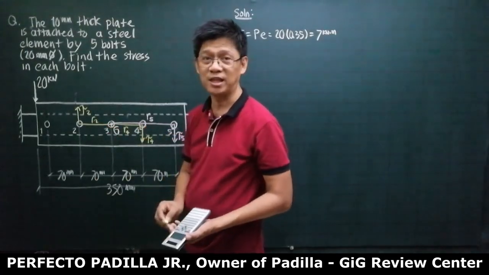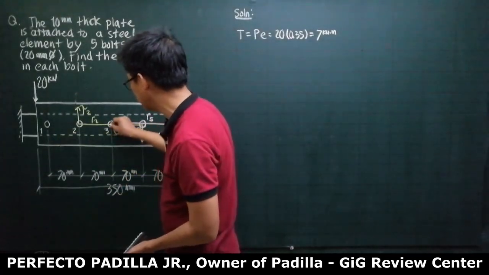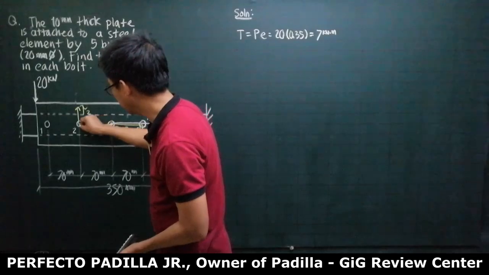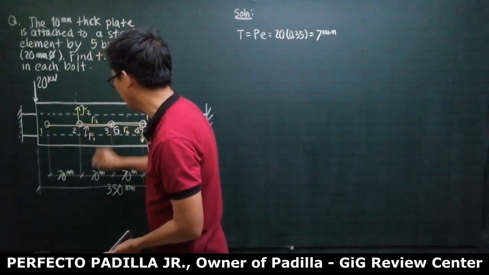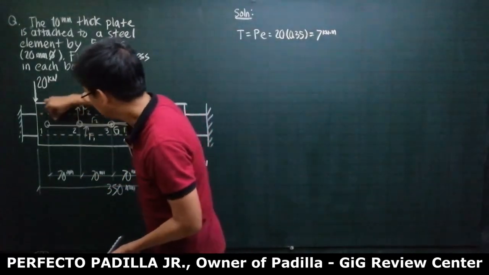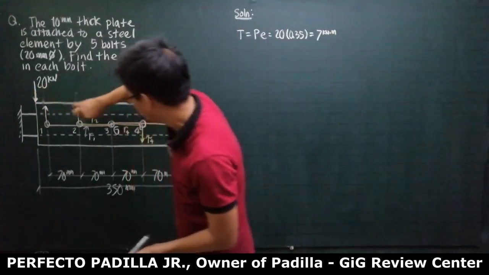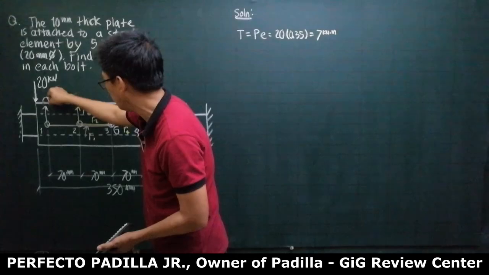They are both 70. Now, the distance on the other hand of bolt 1 from the centroid is this one. So this is going to be your R1. And that is 70 plus 70, 140. So, therefore, to produce a clockwise moment about G, it must be upward. So, this is tau 1.